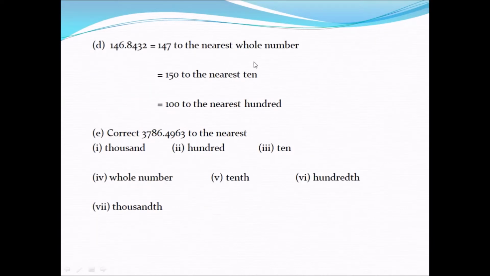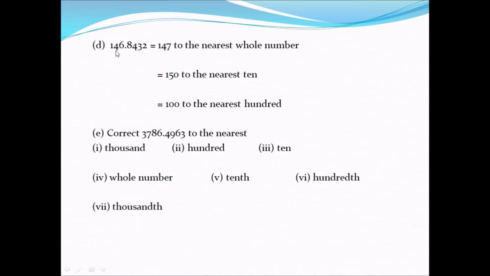Now we look at this. Take this to the nearest 10 and the nearest 100. So here the number you are looking at is 146. You are looking at it to the nearest 10. So you consider the first one is units, the second one is 10, the third one is 100. So the second one is actually what we are considering, because we are considering the nearest 10.